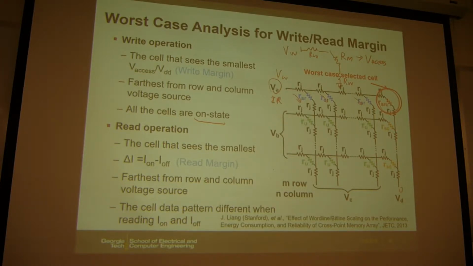So it's called IR drop. If you have more current flowing through the wire, then you will have a larger IR drop.